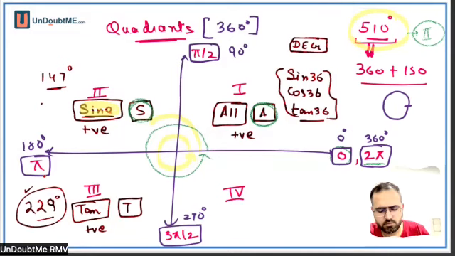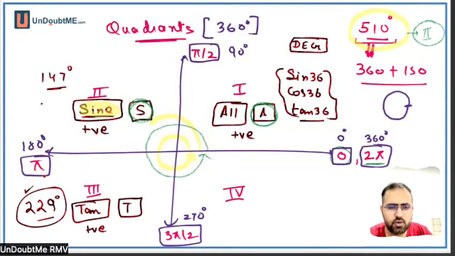So tan is positive and the rest are negative. Yes. So I hope everyone can see that. You can definitely try whichever angle is coming to your mind. It should be between 180 and 270.